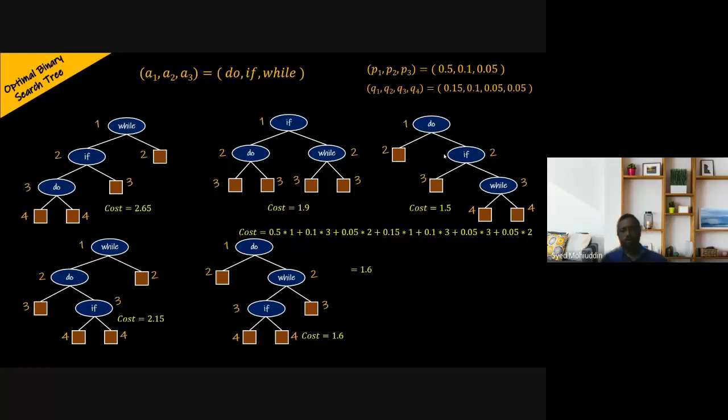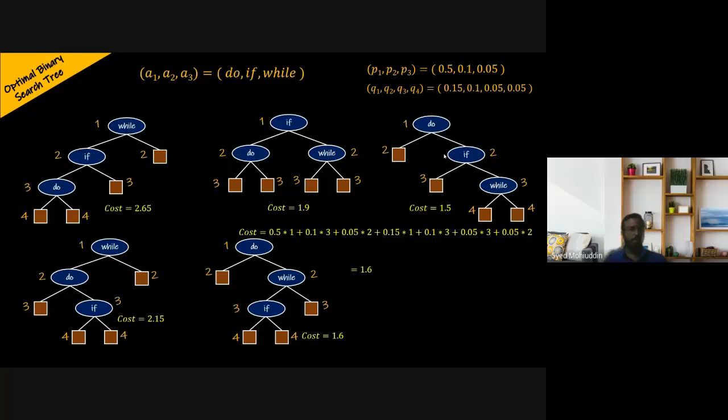So this was a brute force approach of using the formula, taking different structures of the tree and trying to compute which one is optimal. We cannot proceed this way because with only 3 elements we got 5 trees.